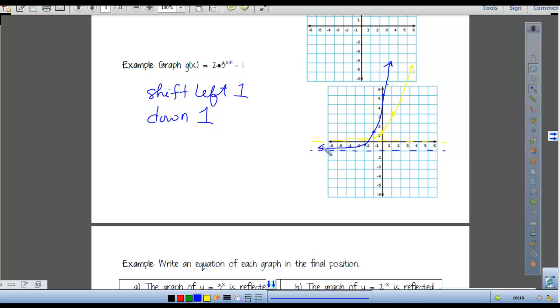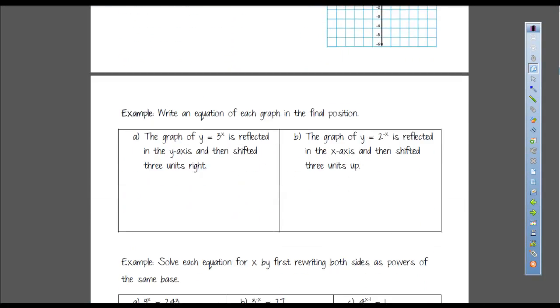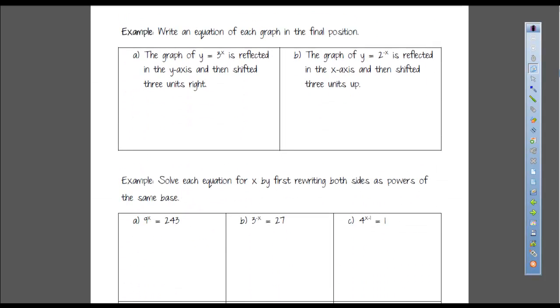In the next one, they want us to come up with some equations. And we want to write an equation of each graph in the final position. So they give us the graph of y equals 3 to the x is reflected in the y-axis and then shifted 3 units right.